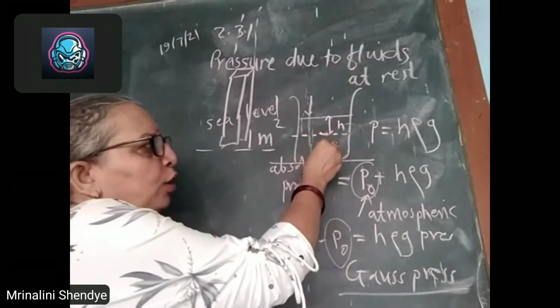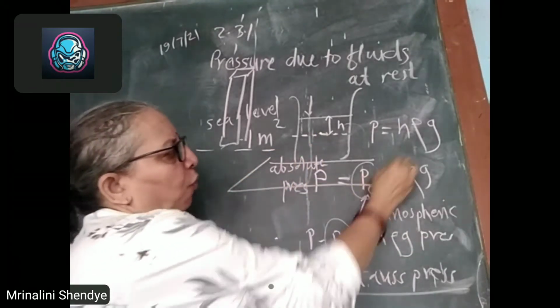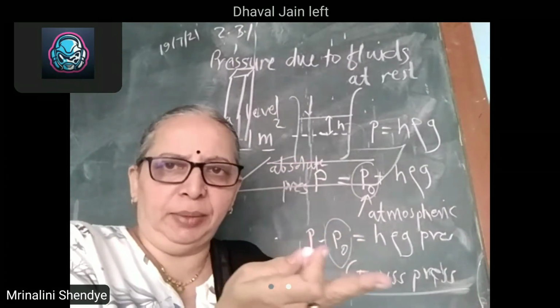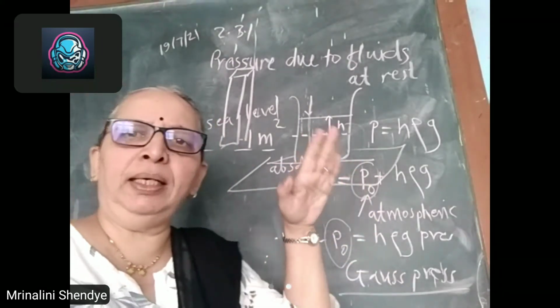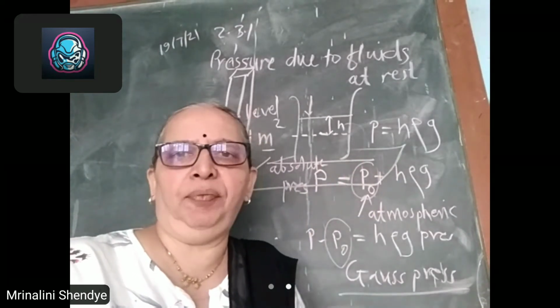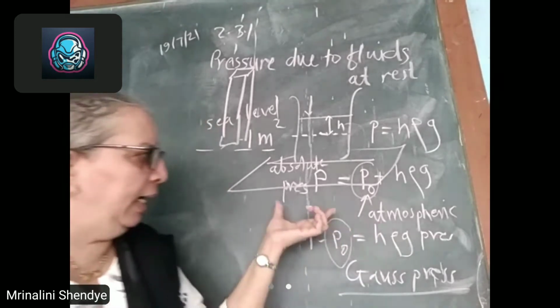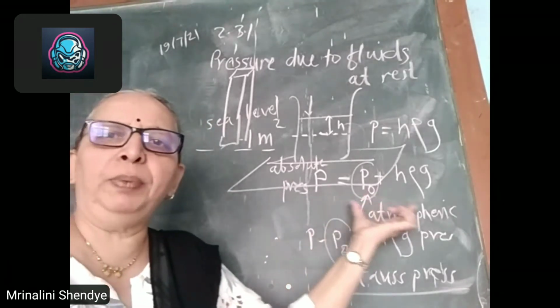The height of the beaker on the platform above the Earth's surface is negligible. So you can consider the beaker kept on the Earth's surface as good as that one, and hence P is equal to P naught plus h rho g.